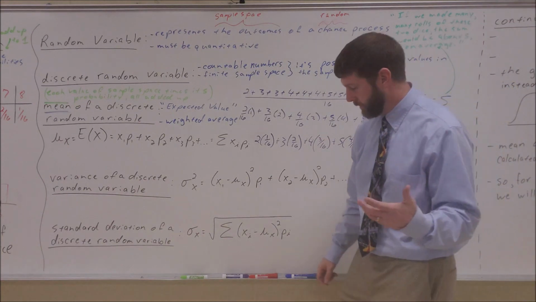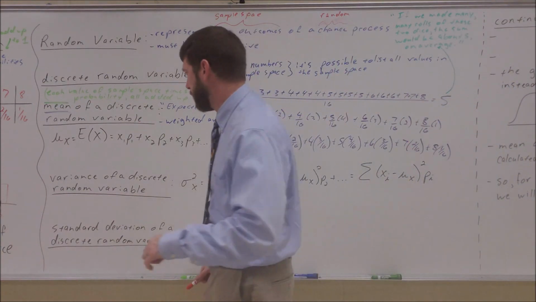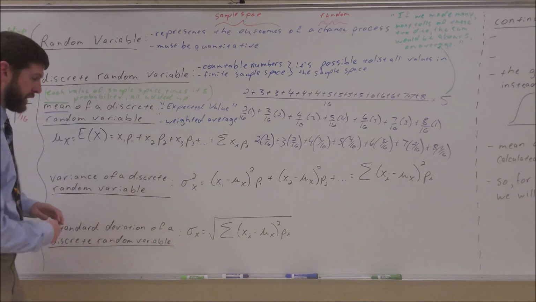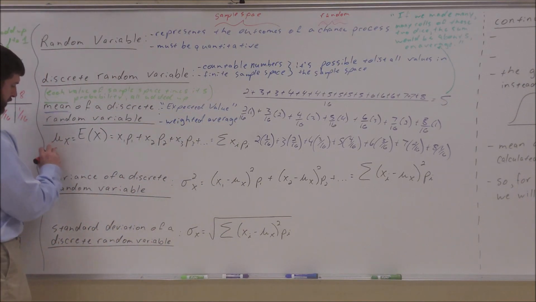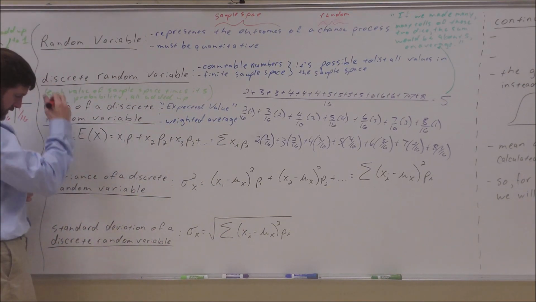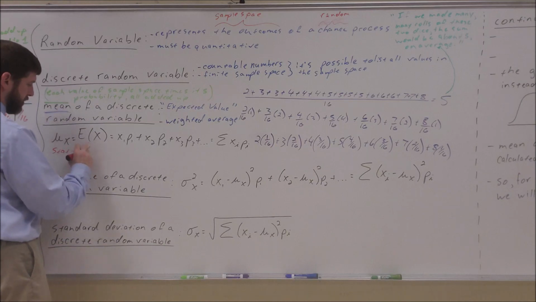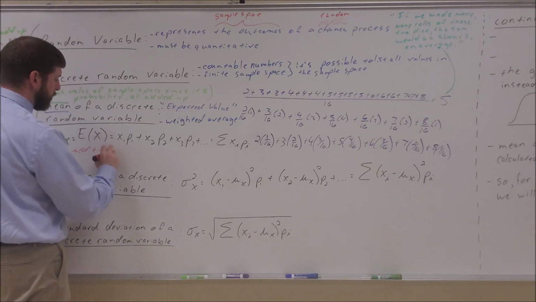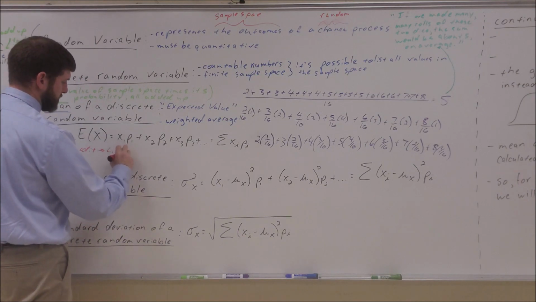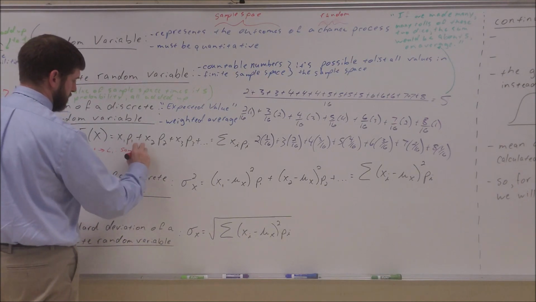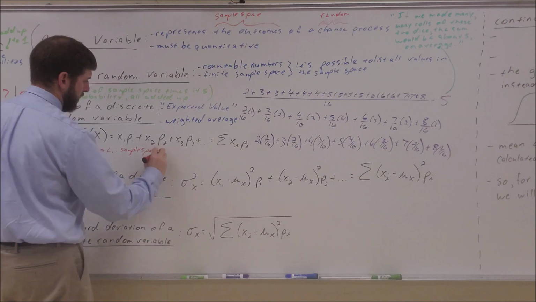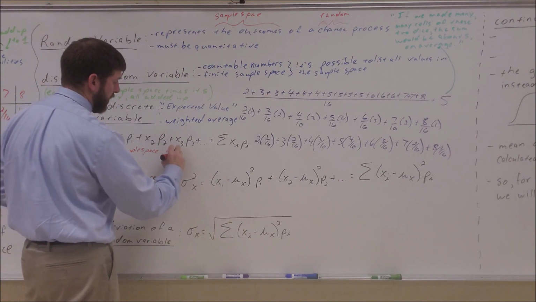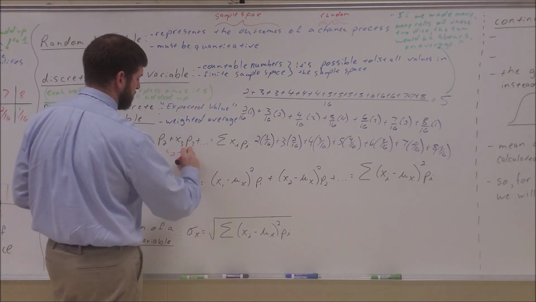But we also have our calculator that runs our statistics calculations for us. So the other way I could do this is I could go to stat edit, just like we always do when we're keying our data in. So in L1, I'm going to put the sample space, and in L2, I'm going to put the probabilities.